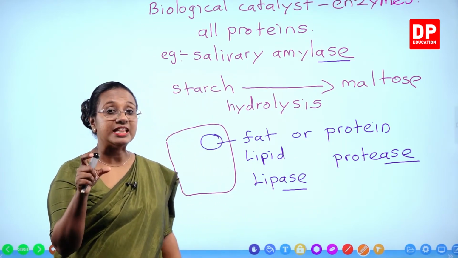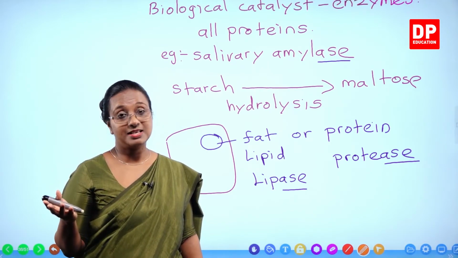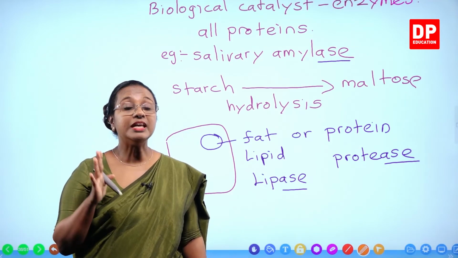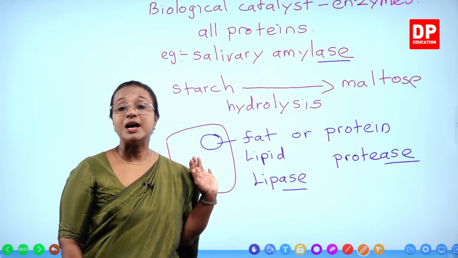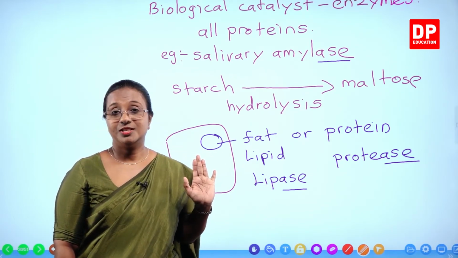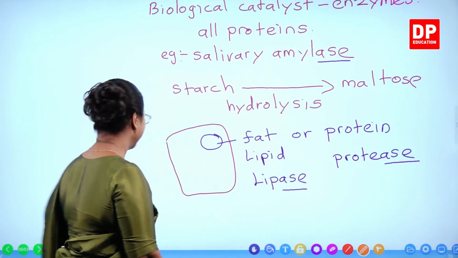So if you see that, you can immediately identify it as an enzyme, a biological catalyst. That also increases the rate of reaction, but here it is a biochemical reaction. Is that clear, students? So with that, we will move on to the next slide.